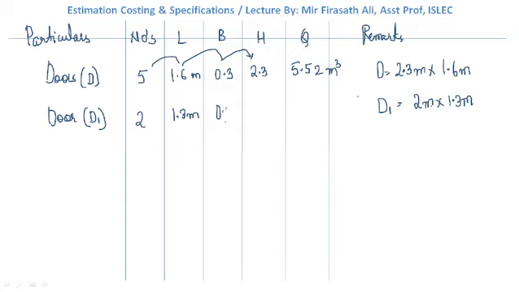Thickness same as the wall thickness, 0.3 meters. When we talk about the height, it is 2 meters. If we calculate, the quantity is 1.56 meter cube. Next, we will go for windows.